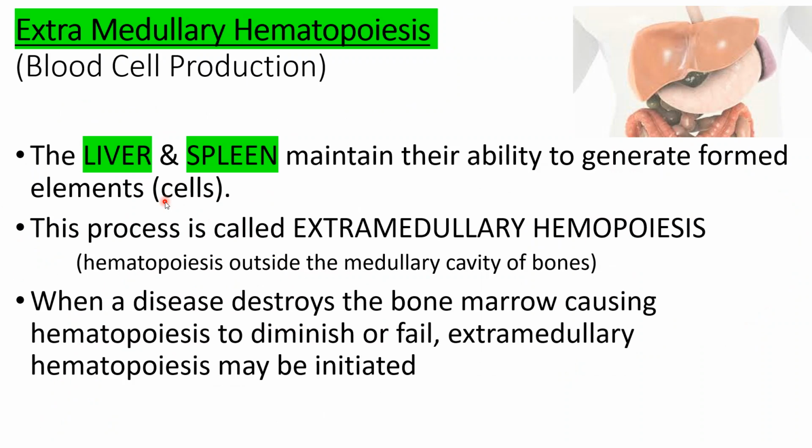When a disease destroys bone marrow, for instance, maybe when a person is going through chemotherapy and they have had all of their bone marrow irradiated, maybe they're getting a bone marrow transplant, they don't have any cells making red blood cells. They don't have any locations. They're not making it any longer within the bone marrow. So the liver and the spleen can take up that job once it's no longer a location within the bone to do that.